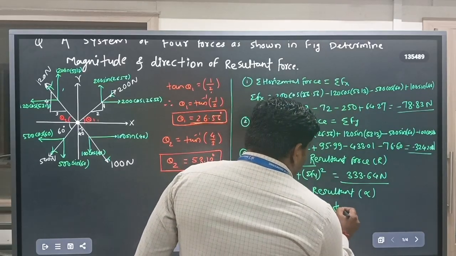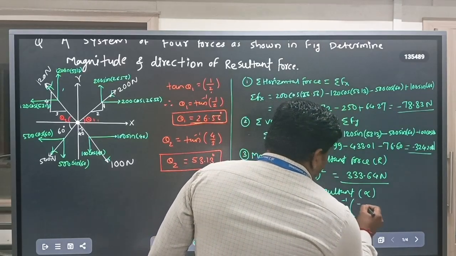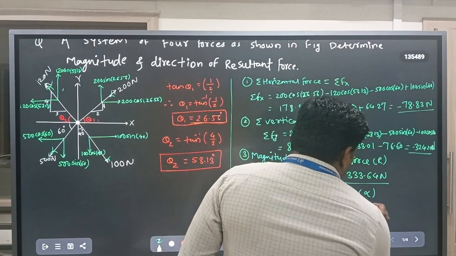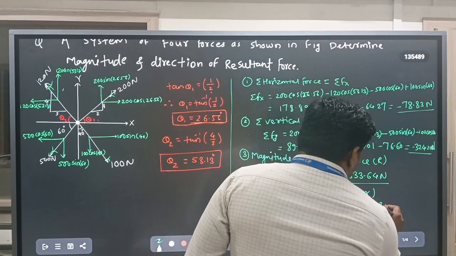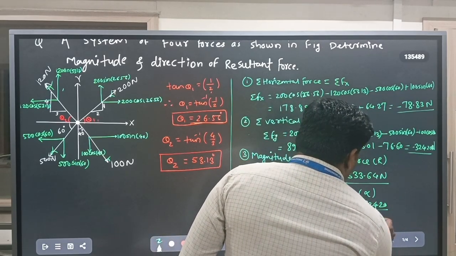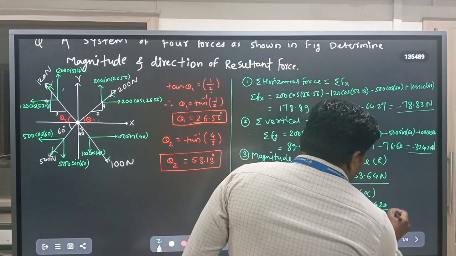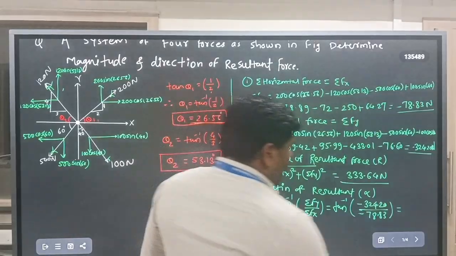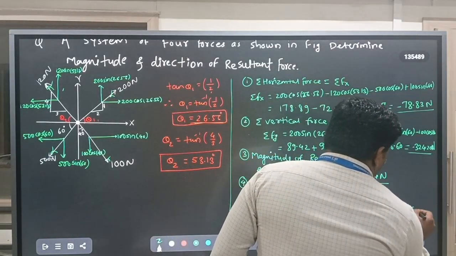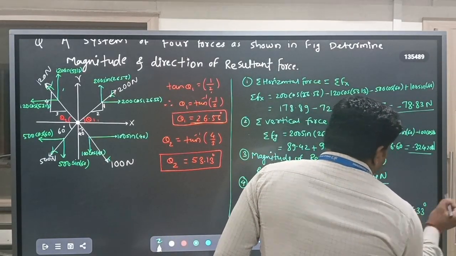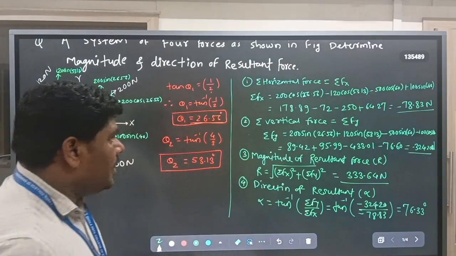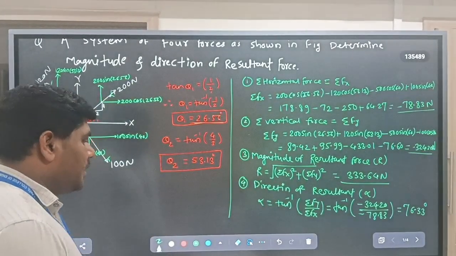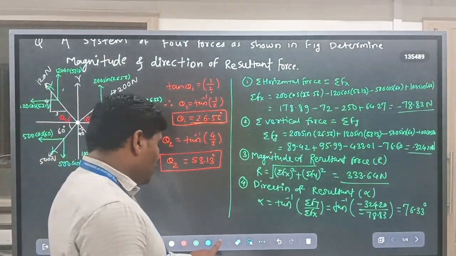That is nothing but tan inverse of minus 324.20 divided by minus 78.83, and that value comes to near 76.33 degree.